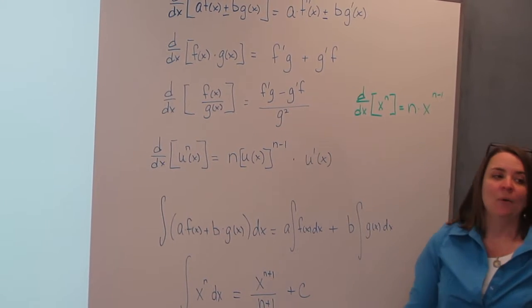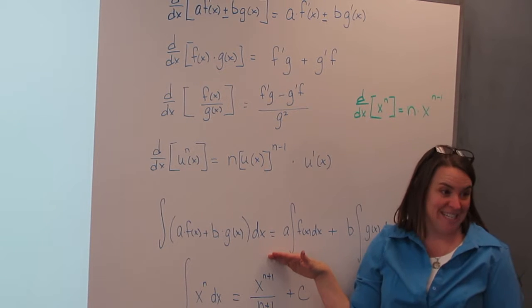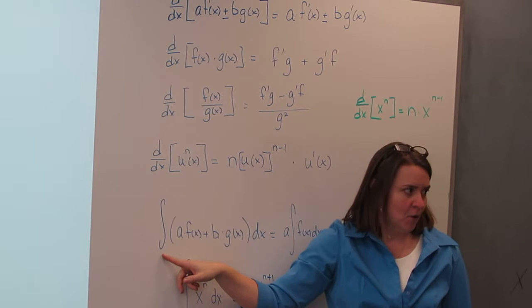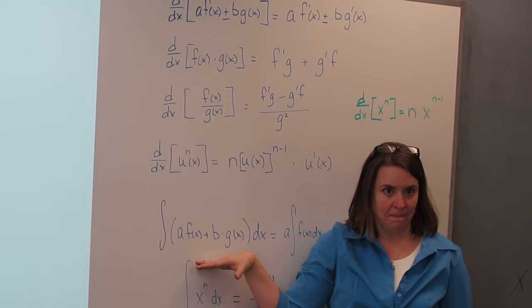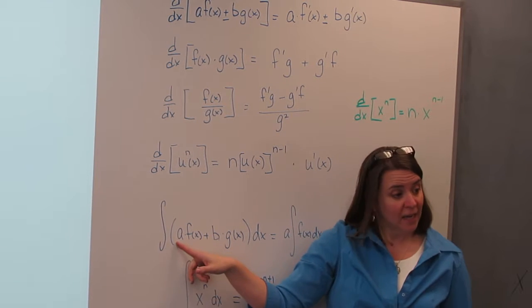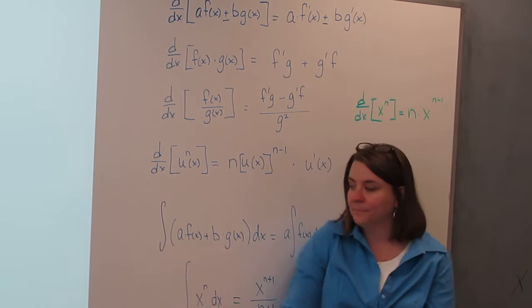Now we're going to have an analog of that rule for antidifferentiation. When we integrate, that's the verb, when we integrate a sum, we can integrate term by term. And if there's a scalar, we don't ignore it, but we can pull it out front.